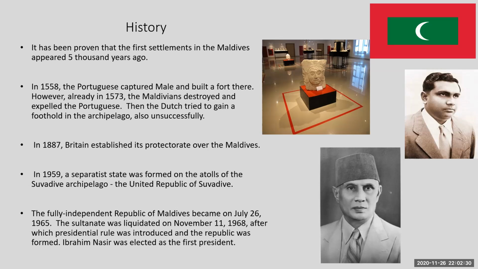Then the Dutch tried to gain control, of course, but unsuccessfully. And of course, in the 19th century, Britain established its protectorate over the Maldives. It means that they were independent, but they were used by this country.